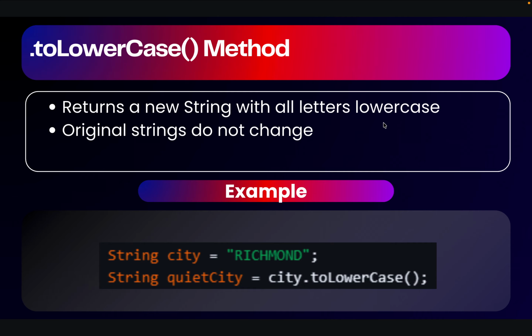And similarly to our toUpperCase method, you have the toLowerCase method, which will pretty much give you back a new string with all letters lowercase.